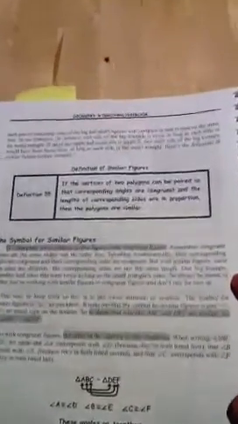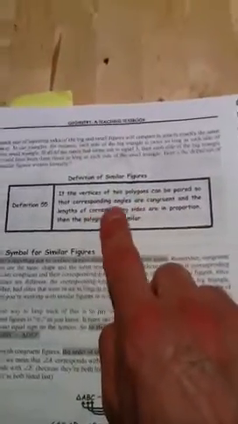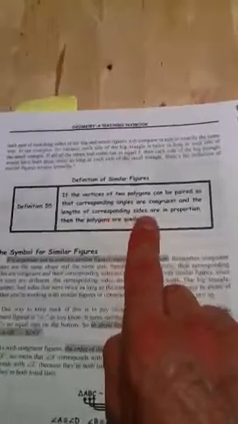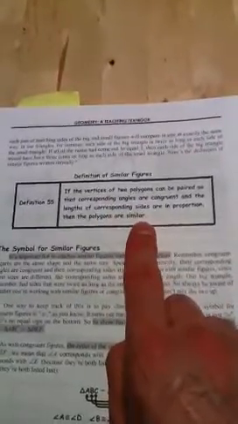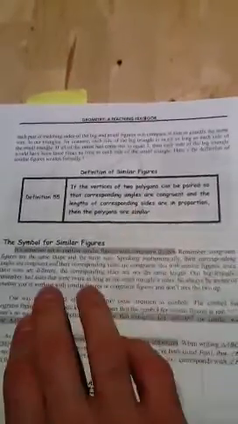That's pretty obvious. Let's look at the definition first. The definition of similar figures: if the vertices of two polygons can be paired so that corresponding angles are congruent and the lengths of corresponding sides are in proportion, then the polygons are similar. Not congruent, but similar.